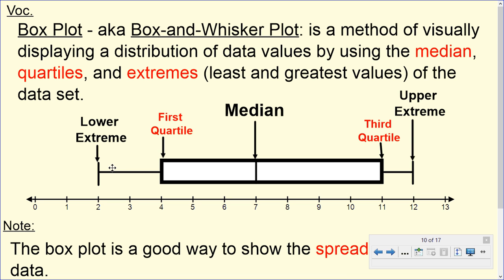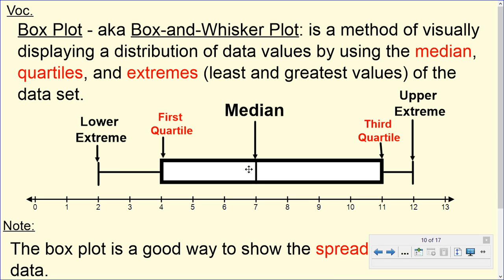So this is data that is broken down into parts. We talked in my other video about quartiles: the first quartile, Q1, the third quartile, Q3, and the median is the middle score, or the second quartile, which divides the data into 2 equal parts. So our first quartile goes from 2 to 4.